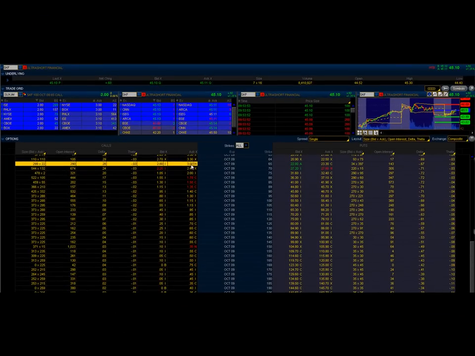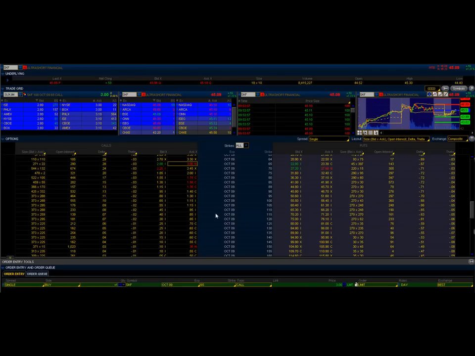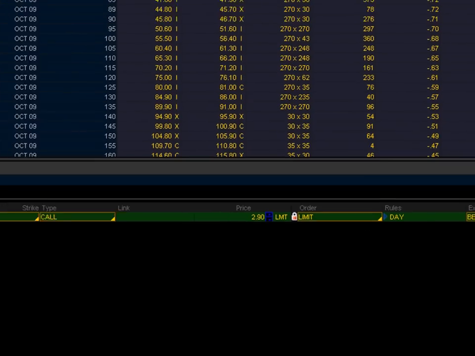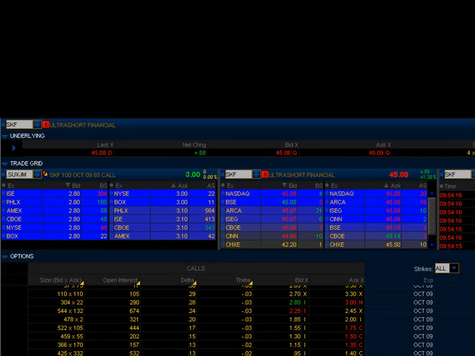So what I'm going to do here is buy a call on the SKF because I think it's going to go up. If I put in an order for $2.95, I'm probably going to get filled right away. But because of the bid-ask spread, if I put it in at $2.90, I may or may not get filled, and we'll see.